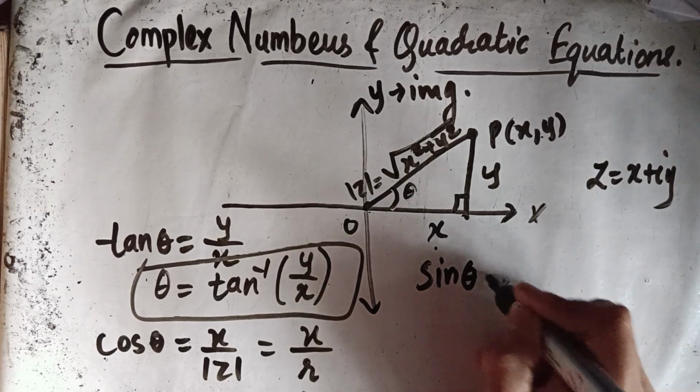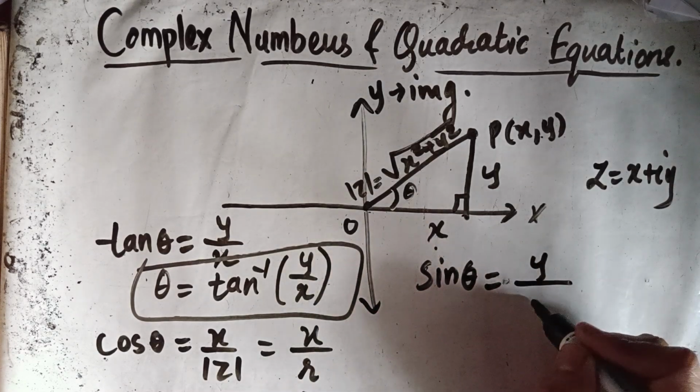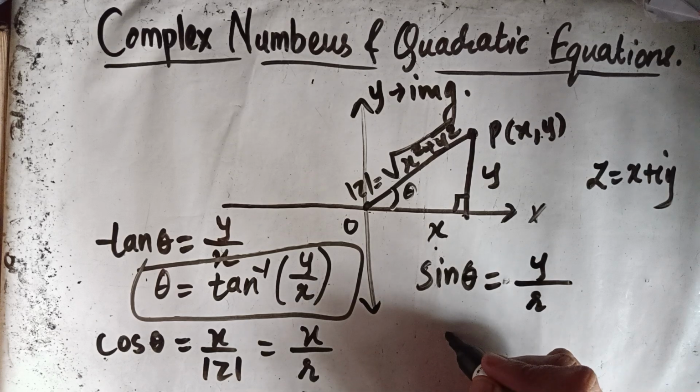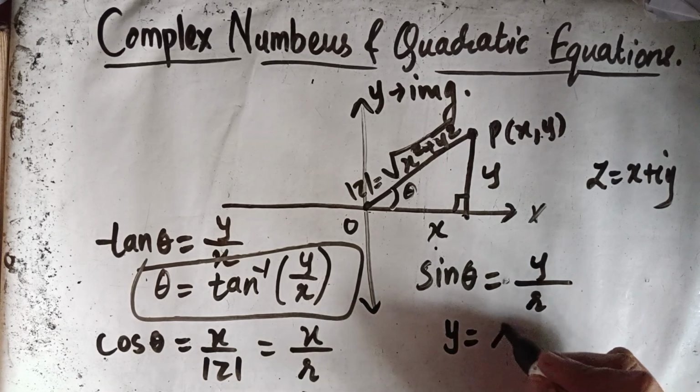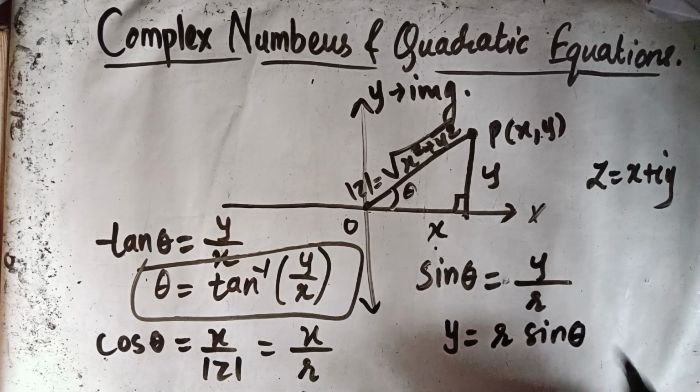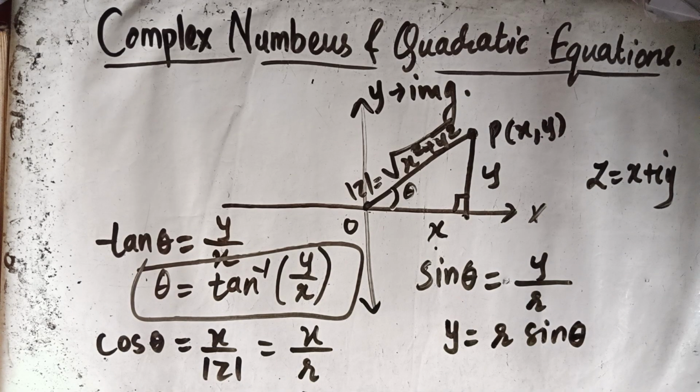Sine theta is opposite on r. So y is r sine theta. So we can write this r as root of x square plus y square.